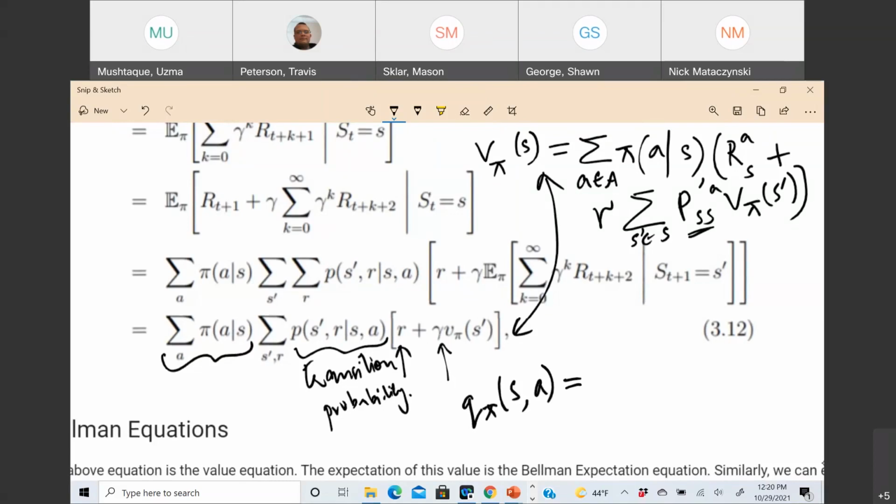So again, the Q, which is the state action value function, is the immediate reward that you get after taking action A, plus gamma discounted value, summation of the transition probabilities, because that's what we defined last time, times the, and so here was a Q, right?